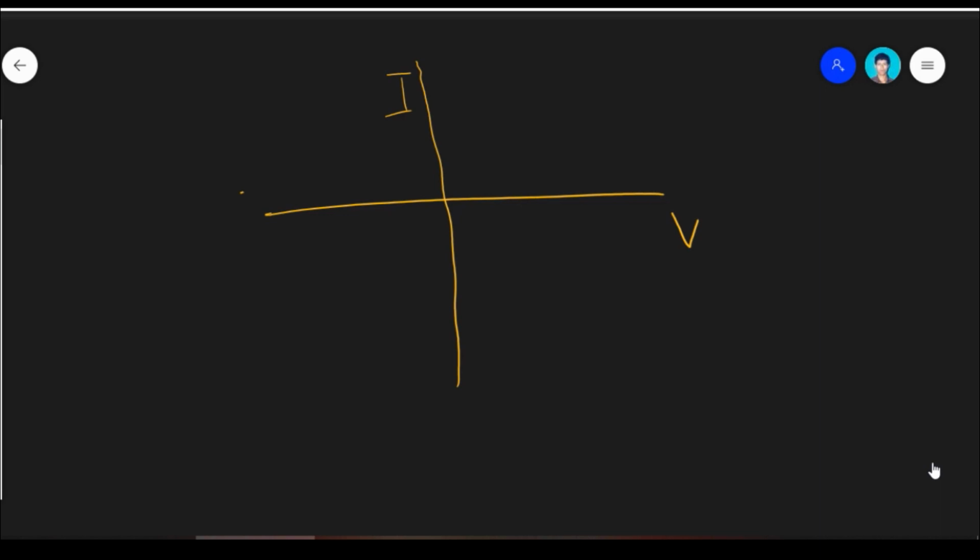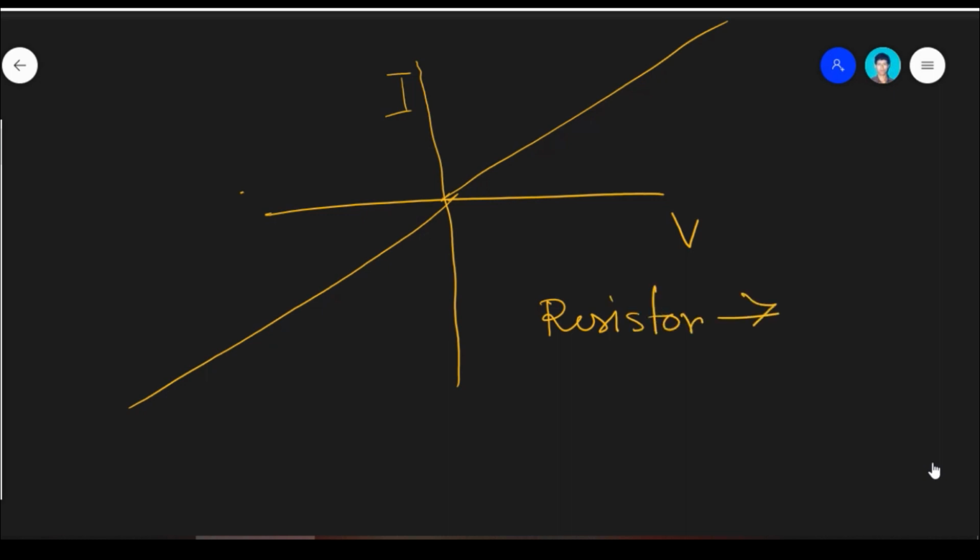In this VI plane, if it behaves like a straight line, then it is an example of a linear resistor. So for a resistor, it is the VI plane.